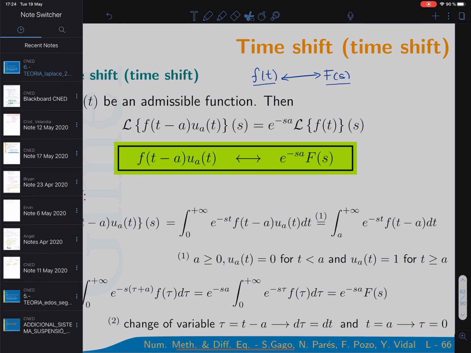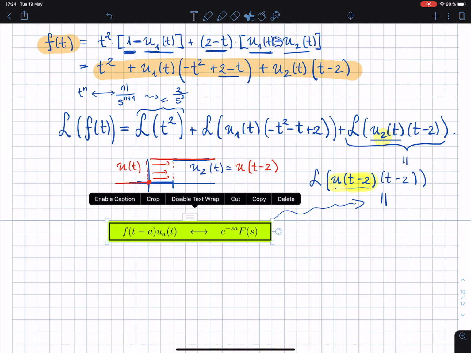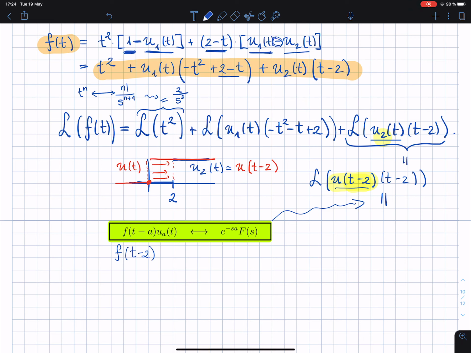So we will use this property at this step. This property is telling me that if I have f of t minus a times u of t minus a, or this could also be written as u_a of t, then its Laplace transform is just multiplied by the exponential. Sorry, I'm using here a. The value of a, I'm assuming, is 2.